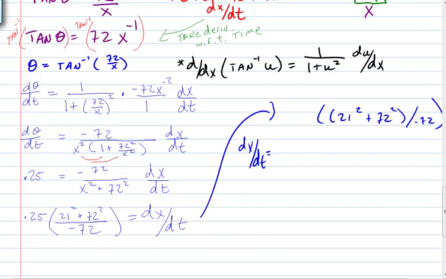How do you change degrees to radians? Times pi over 180. So take that answer, multiply by pi, and then divide by 180. Just say times pi divided by 180.